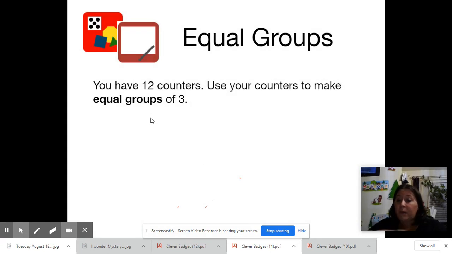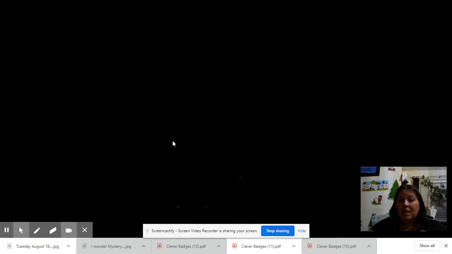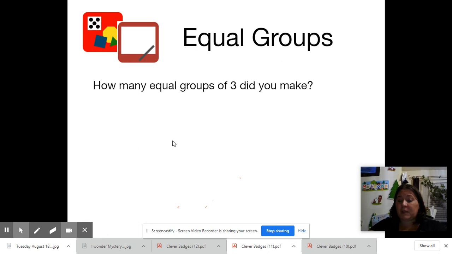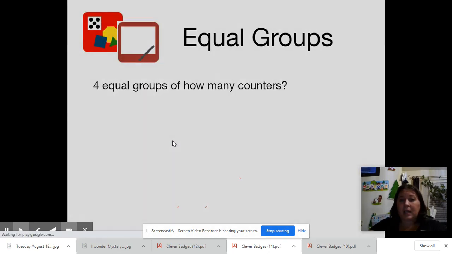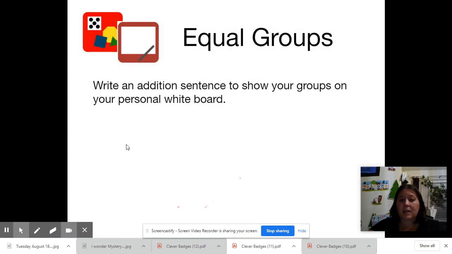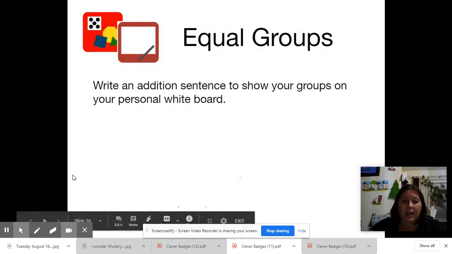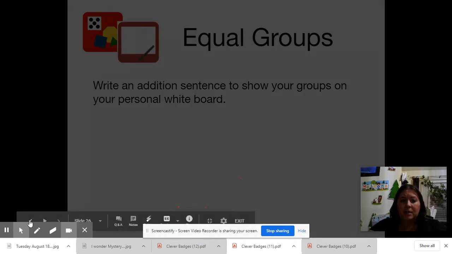So if we took those same 12 counters of whatever we had and we put them in groups of 3, now how many groups would you have? You can pause it if you want to do that. You have your counters still. So if we were putting them in equal groups of 3, it would look something like, oh my goodness, there's no picture. I thought I put in a picture. I'm so sorry, guys.